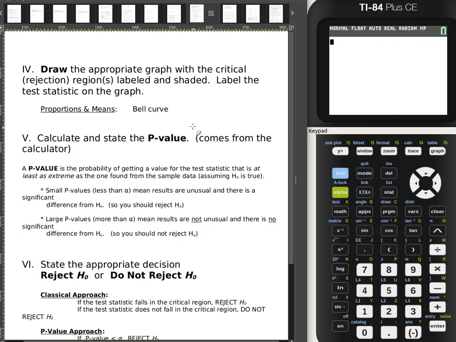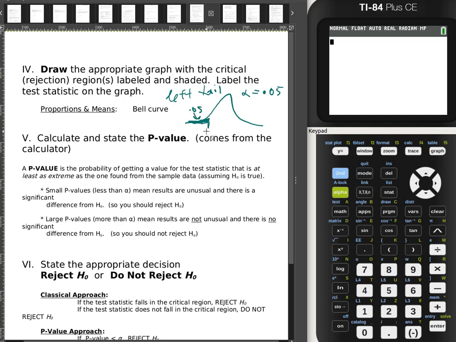And then given whatever our level of significance is, and also, by the way, it depends on whether it's a left tail, right tail, or two-tailed test, we will have what you call the critical region. For example, if it's left tail and our significance level is alpha equals 0.05, then we have a tail on the left side that has an area of 0.05, and that means it should have a critical value.